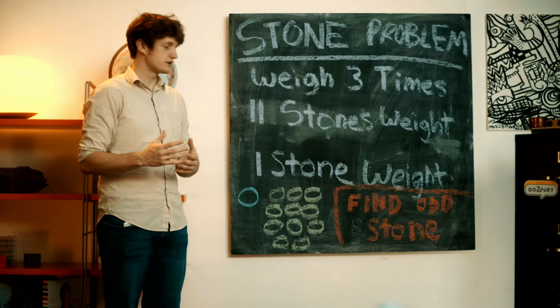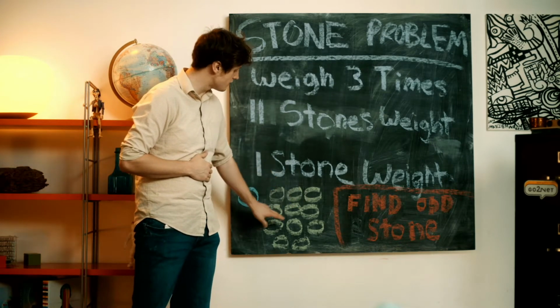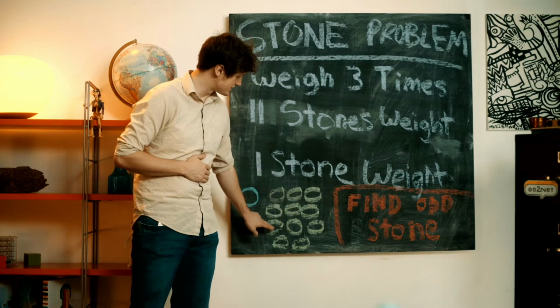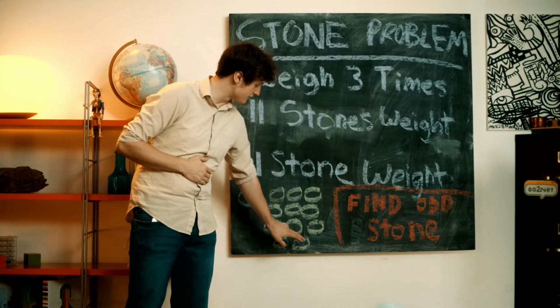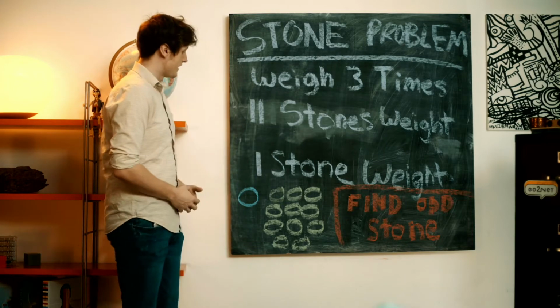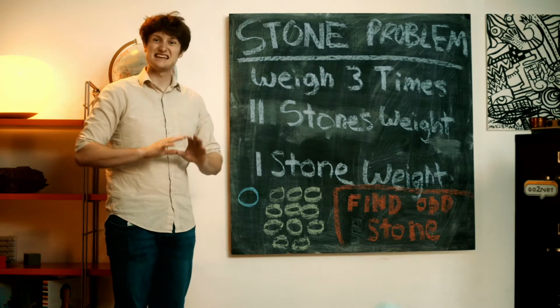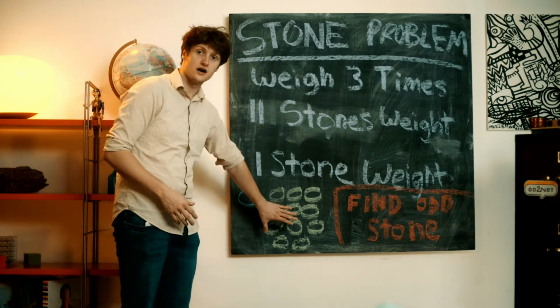So collectively, we have 12 stones. If I count 1, 2, 3, 4, 5, 6, 7, 8, 9, 10, 11, 12. Okay, so I've got 12 stones, and one of these stones is a different weight from the other 11.